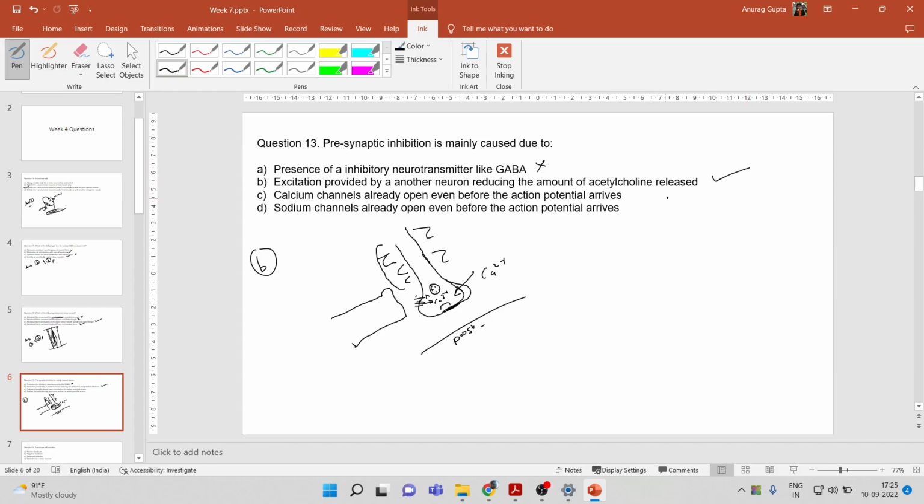This is correct, this is what we saw. C, calcium channels already open even before the action potential arrives. Yes, this is also correct. D, sodium channels already open even before the action potential arrives. No, it's the calcium channels. So the answer is B and C. So you guys are right. You got one option correct.